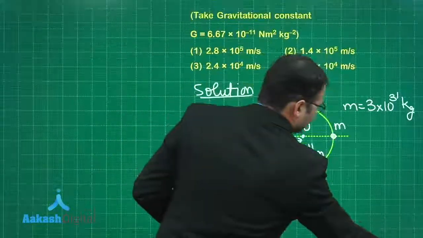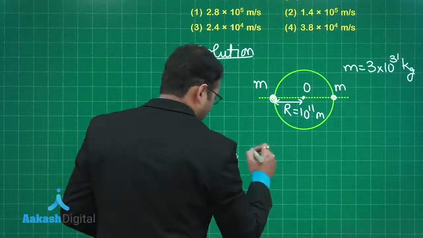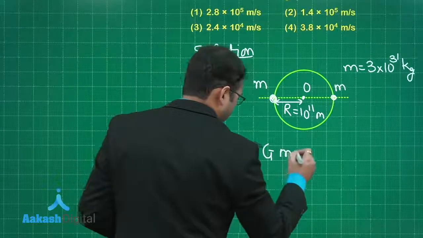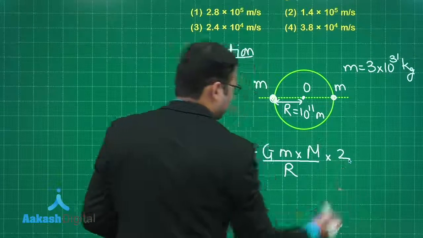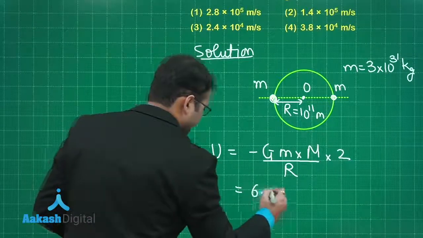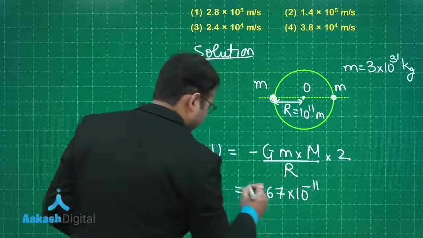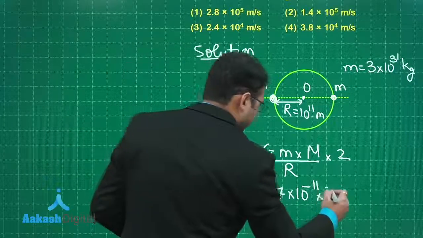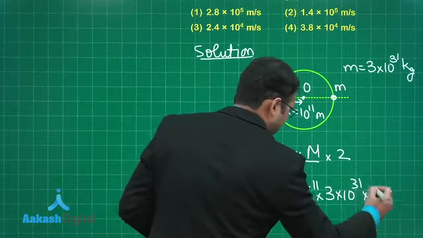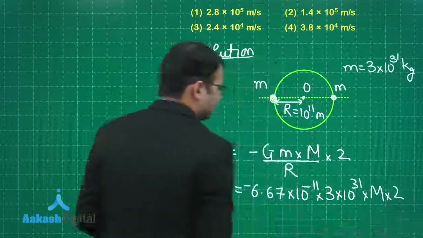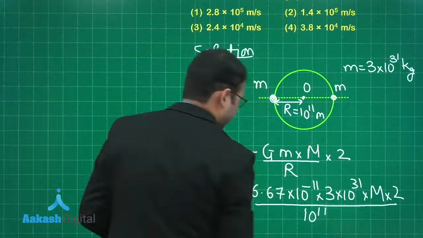So let's calculate the potential energy of this meteorite. That would be minus G small m into the mass of the meteorite divided by r, into 2, right? So let's calculate the value. It is 6.67 into 10 to the power minus 11, the negative sign should be here, into the mass of the body, that is 3 into 10 to the power 31, into the mass of the meteorite, into 2, and this should be divided by r, that is equal to 10 to the power 11 meters.